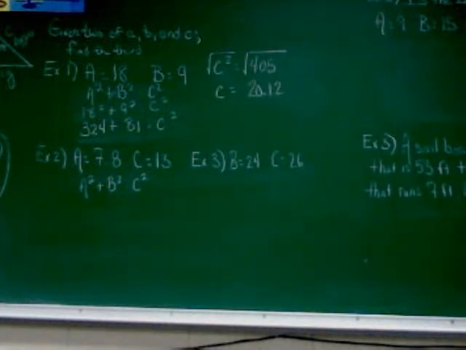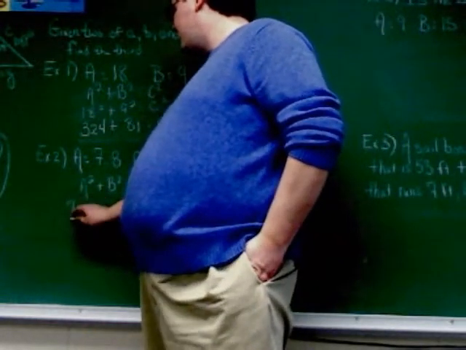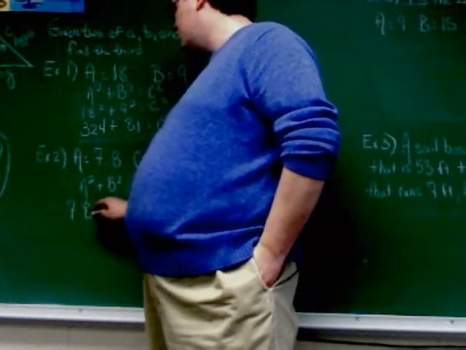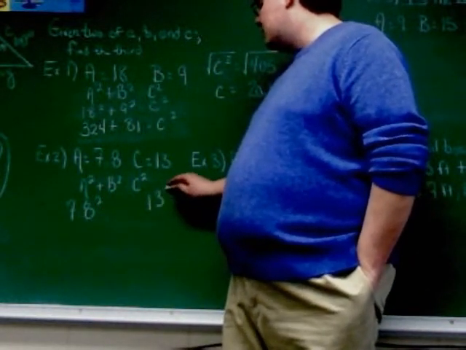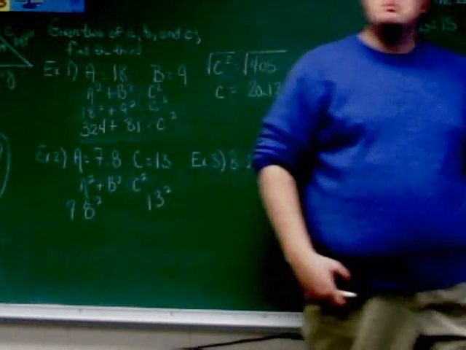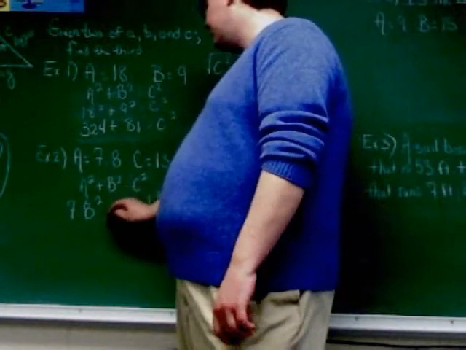Again, you're going to be sick of that formula by the end of the day. a is going to change into 7.8 squared. c is going to change into 13 squared. As far as b in this one, b is what we're going to have to take the time to solve for. So for right now, b squared is just going to say b squared.